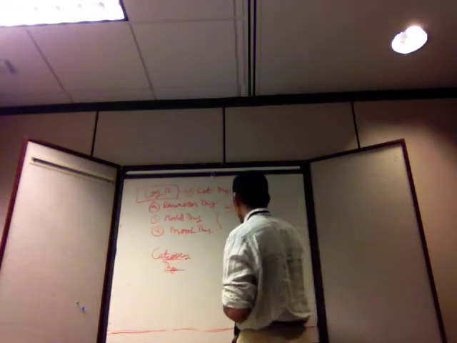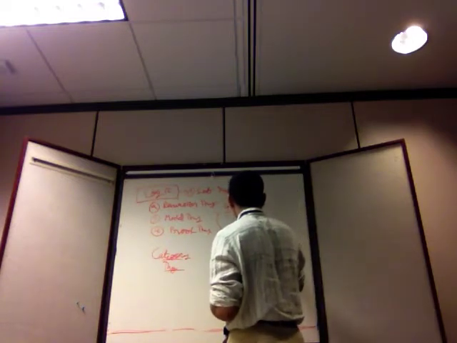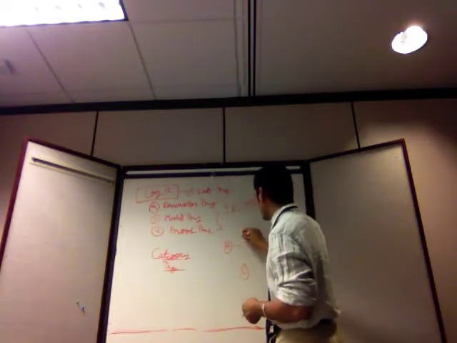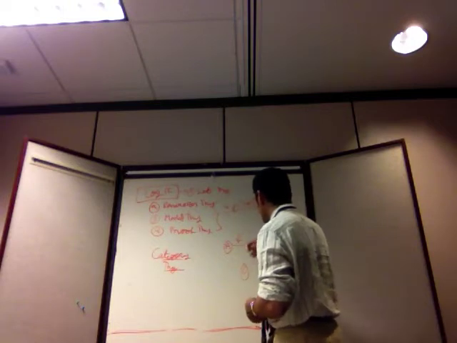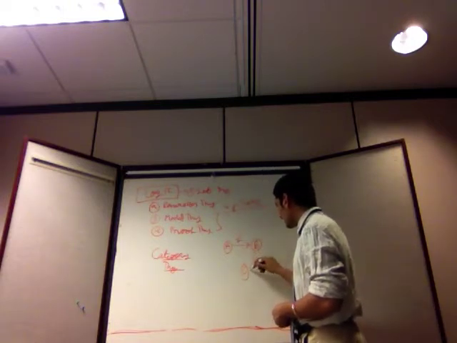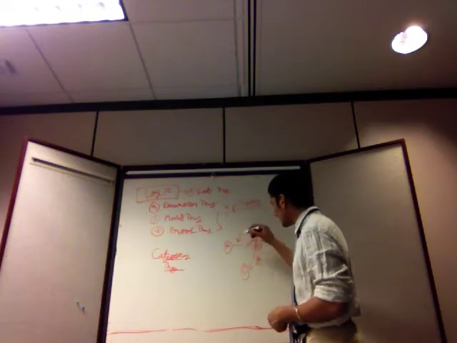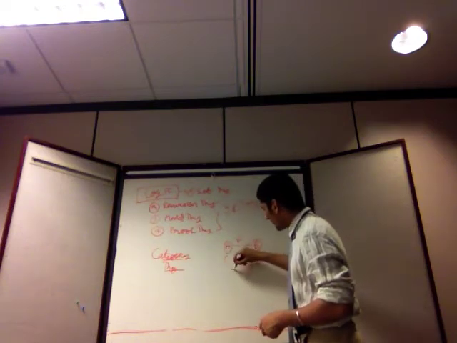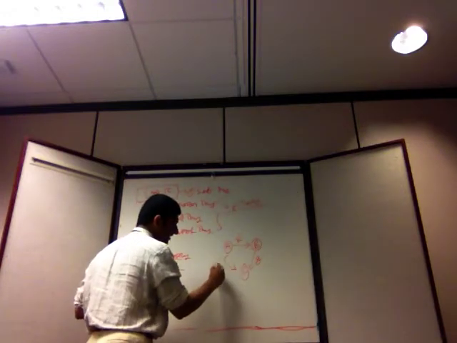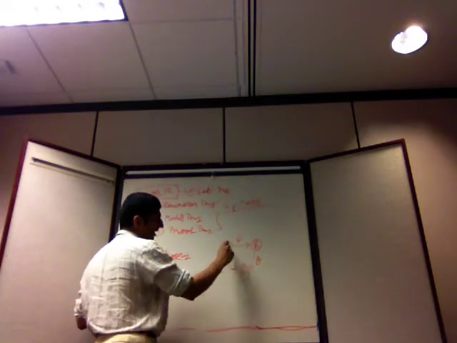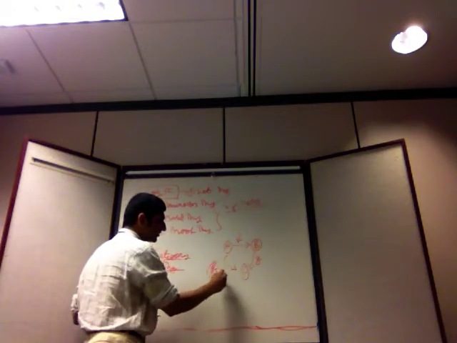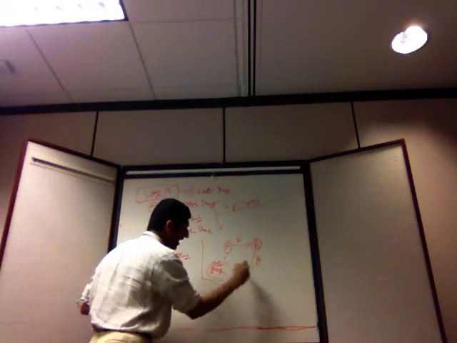So if you had objects A, B, and C, and let's say there were mappings of functions f from A to B, so when you apply the function f to A, you get B. When you apply the function g to B, you get C. But is there a way to go from A to C directly? What would that function be? That would be nothing but the composition of f and g, meaning you apply f on A, and then you apply g on that result, and you get C. So this function is the composition, and this whole thing would be a category.